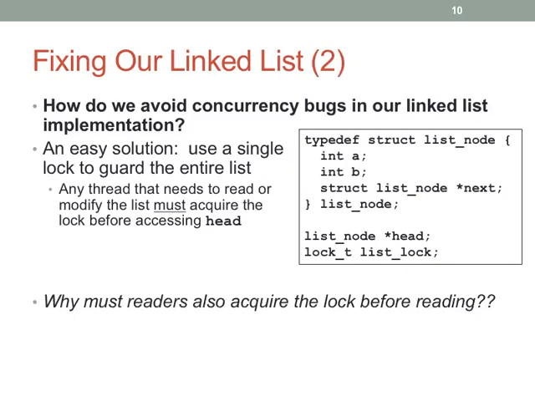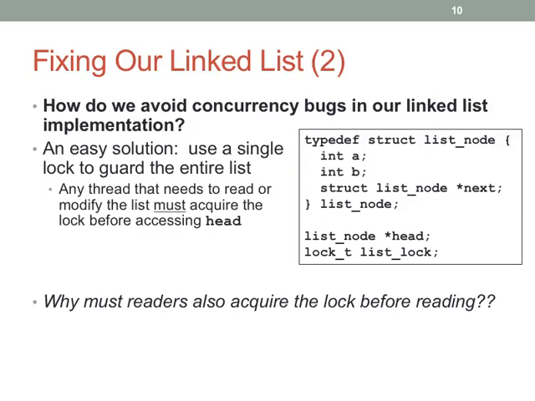Important question. Why do readers have to acquire the lock? Remember that writers are the ones causing all the problems, because they have these multiple steps they have to carry out. But we need to protect the readers from the writers as well.